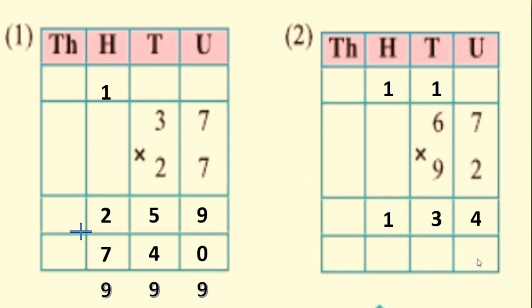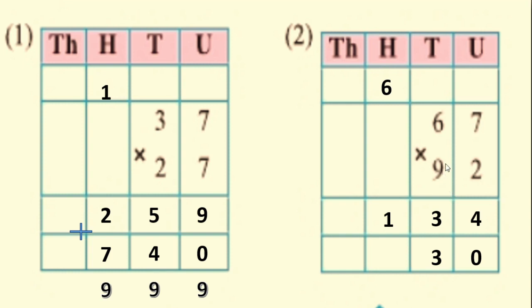Why? Because we are going to multiply 67 by 9 tens. So, in unit place we will put 0. 9 sevens are 63, isn't it? So, 3 we will write here and 6 will be carried over to hundreds place.